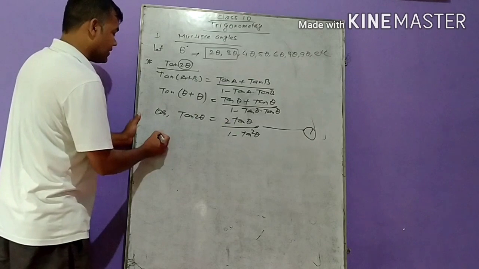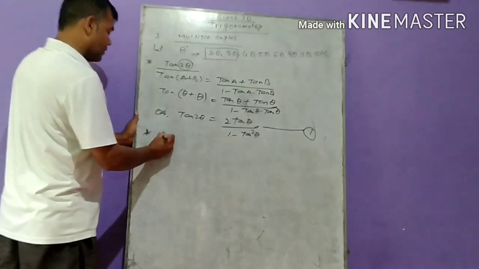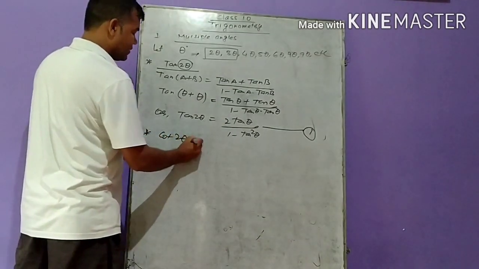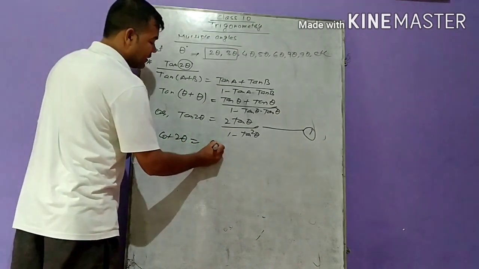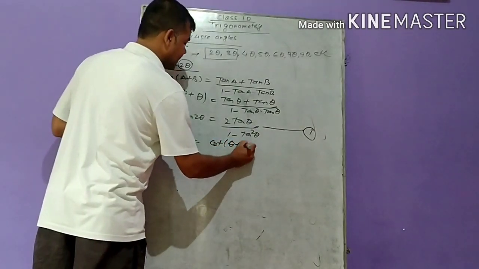So in the same way, we can write cot 2 theta, which means cot of theta plus theta.